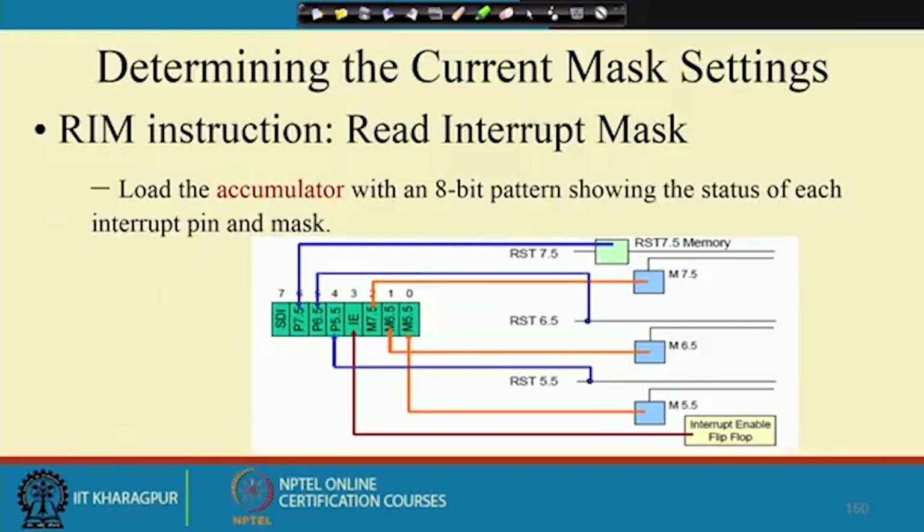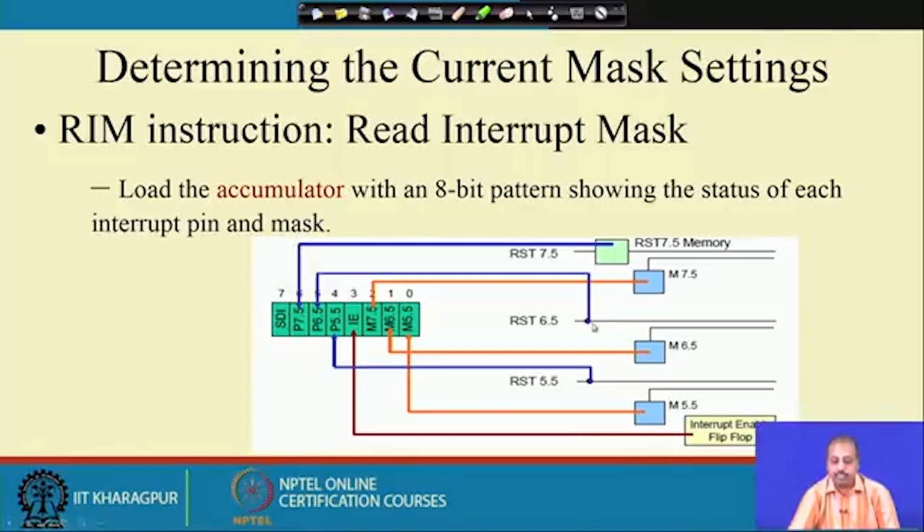What happens is that the RST 7.5 pending status comes to bit number 6. Then the 6.5 pin status comes to bit 5, and the 5.5 pin status to bit 4. The interrupt enable flag comes as bit number 3, and the mask flip flop contents M 7.5, 6.5 and 5.5 come to bits 2, 1 and 0.